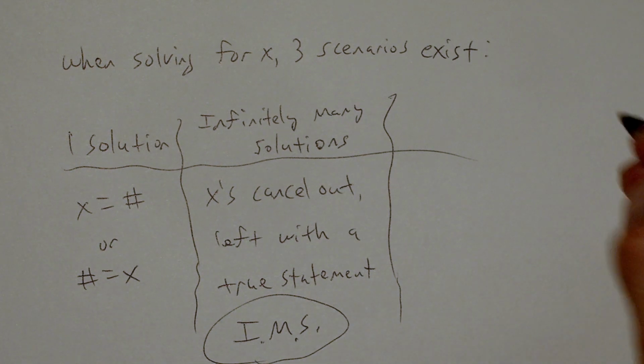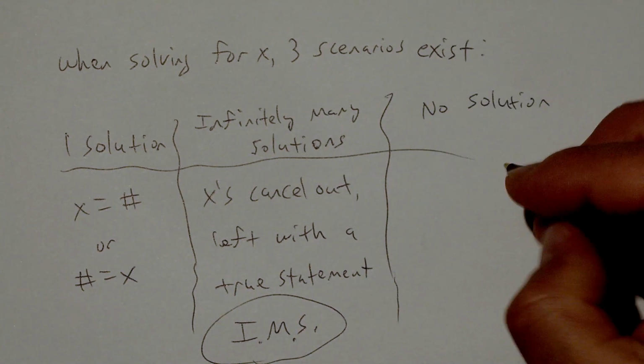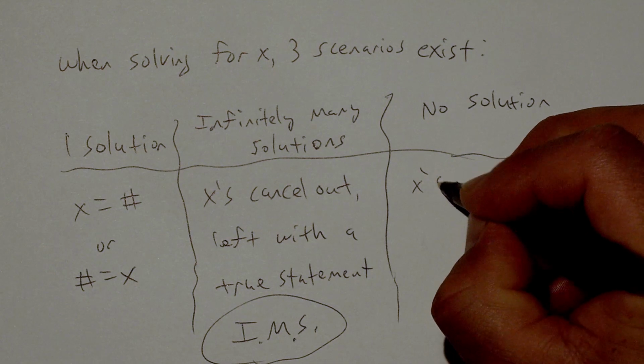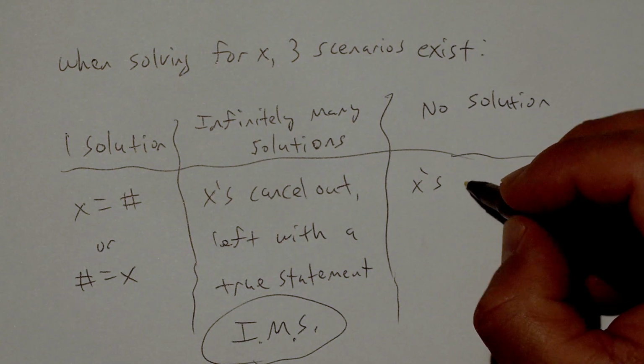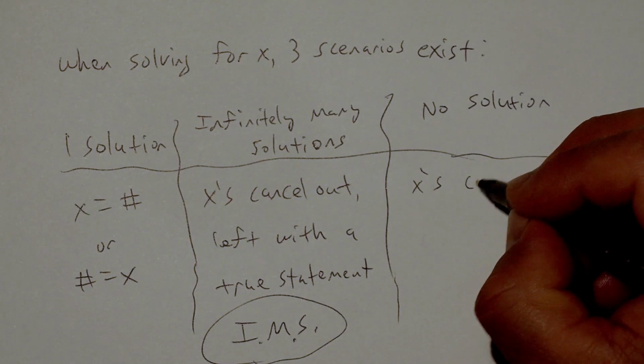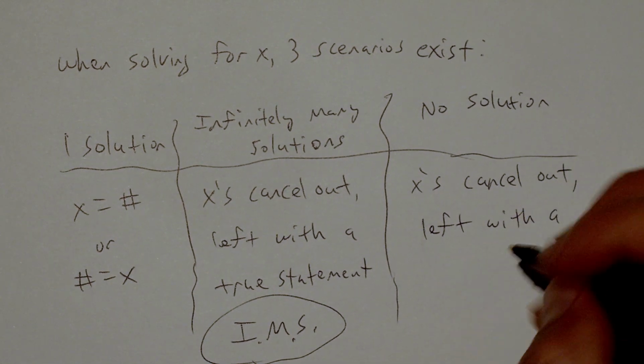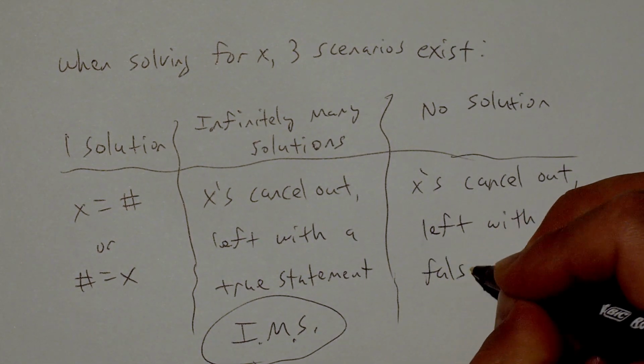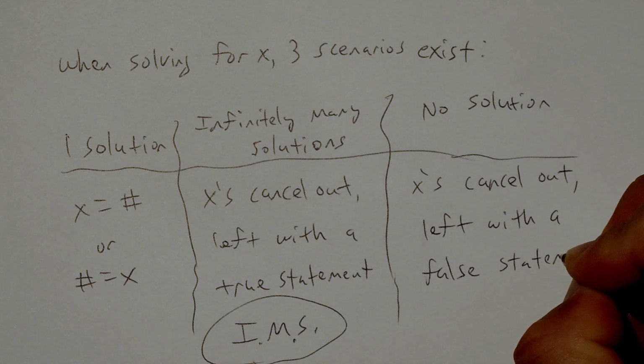And our last situation is where we have no solution. And again, we always try, if possible, to get those x's to cancel out. But this time we're left with a false statement, right?